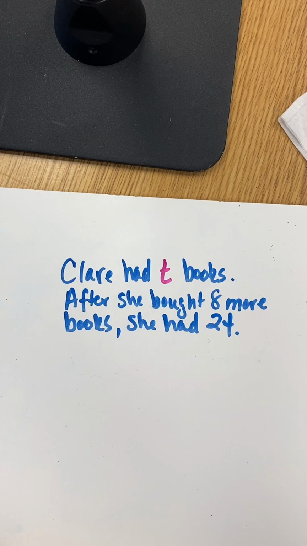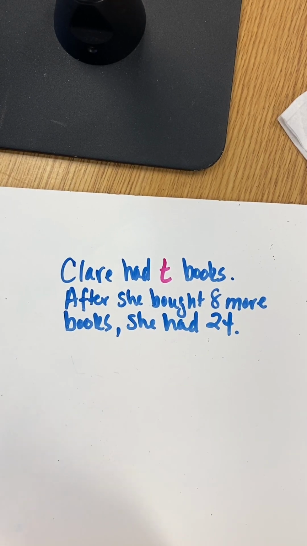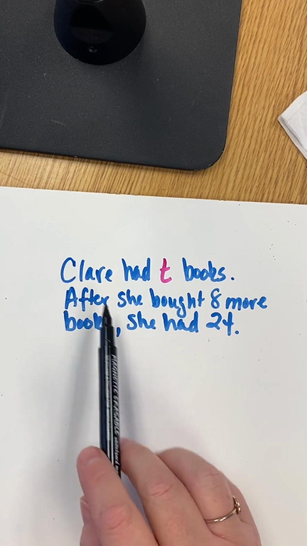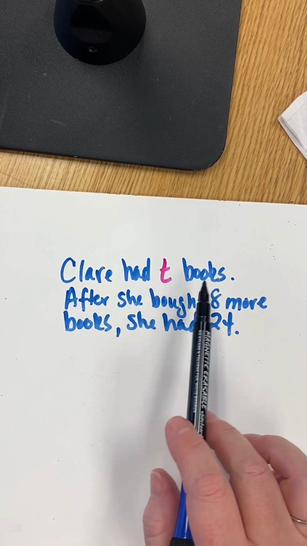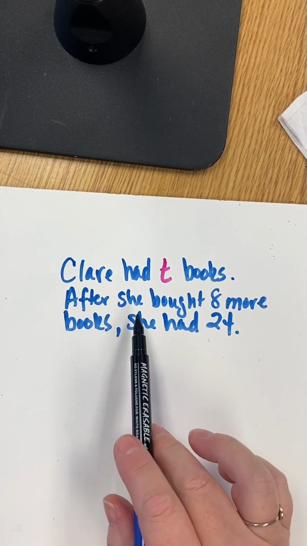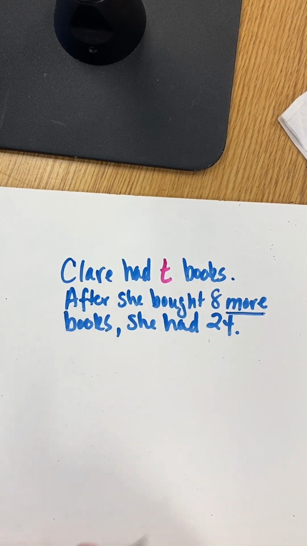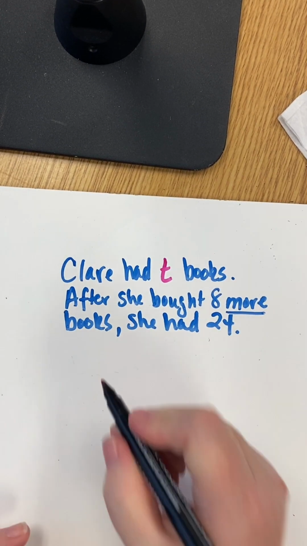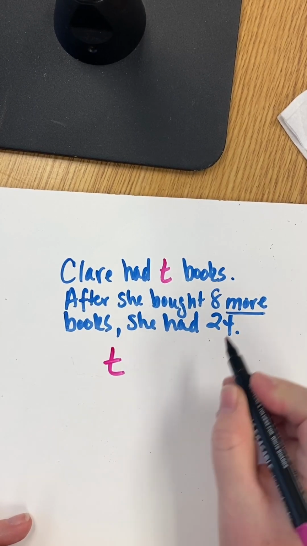Okay, so one of the things you have to do in this lesson is write the equation. So here's our scenario. Claire had T books. So our variable is T that we have to figure out. After she bought 8 more books, she had 24. So if I wrote this down, I would have T books to start.